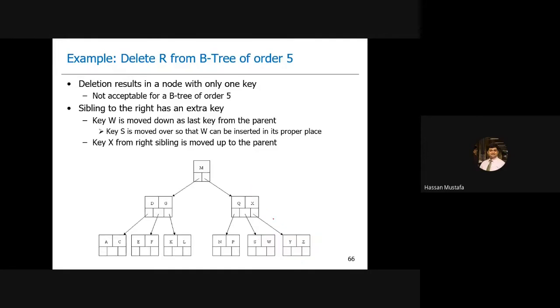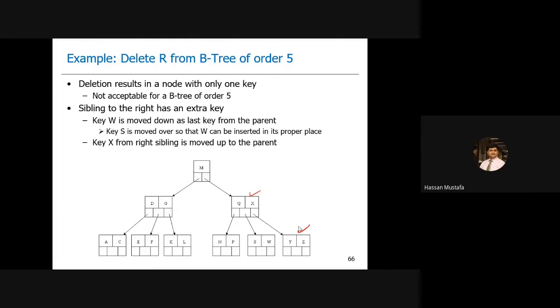That's the final tree that we have for this specific scenario. So x went up in the parent and w came down in the child node, and the node that gave the extra key now has y and z. So that's the first scenario, where the right sibling has an extra key.